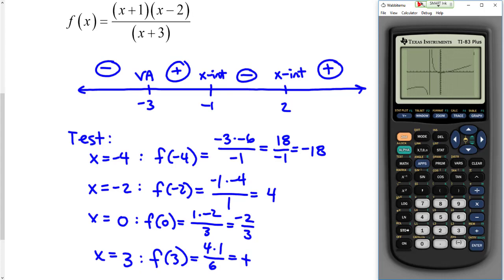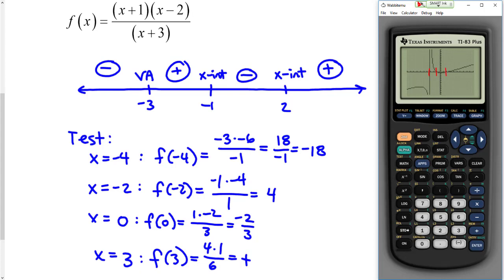Okay. All right, so the points that were of interest that I put on my sign chart: -3, which is right there, -1, which is right there, +2, which is right there.